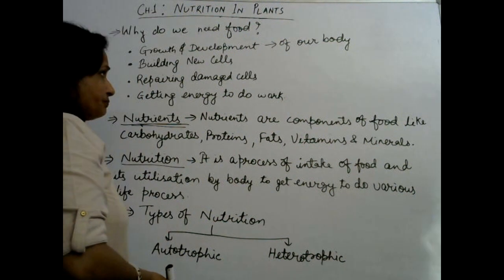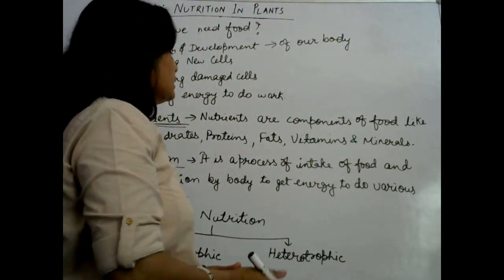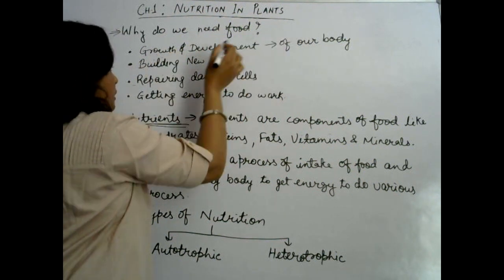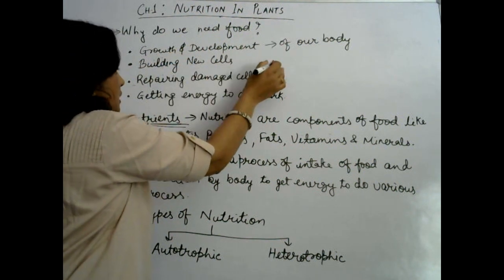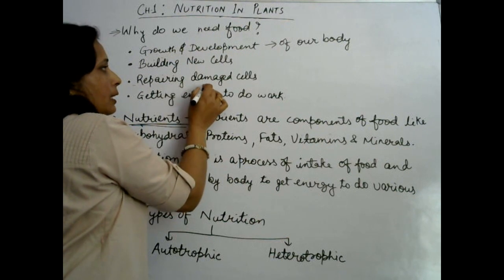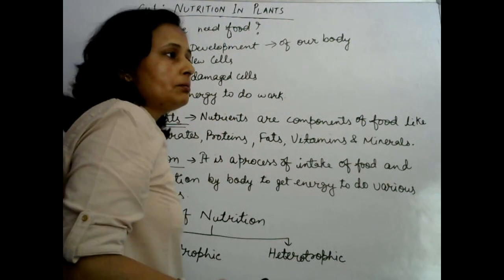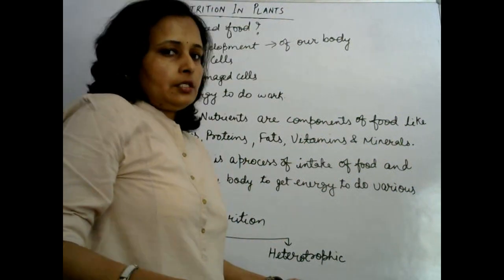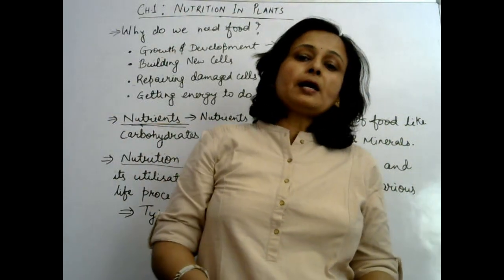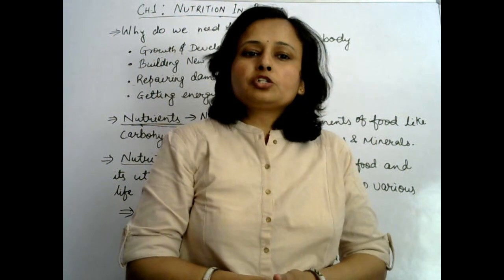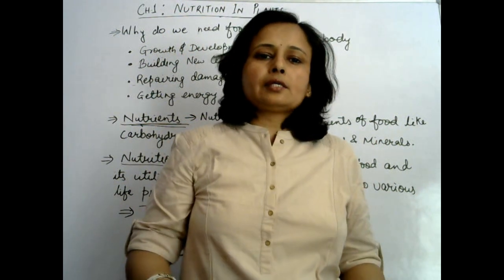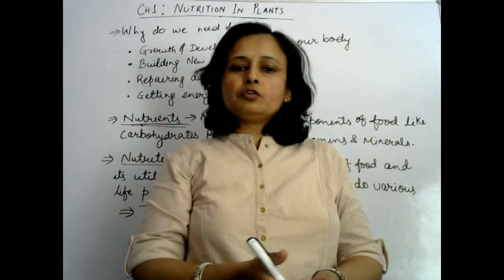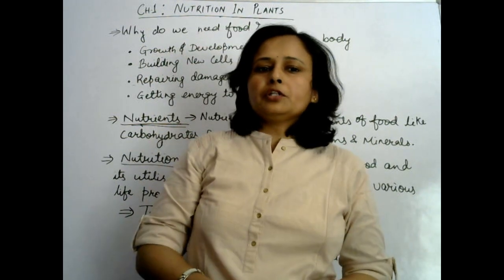Next is for repairing damaged cells. Third one. First, we discussed growth and development of our body. Second, building new cells. Third, repairing damaged cells. Our body works like a machine. When a machine works, there are different parts of a machine. These parts sometimes get exhausted and damaged, and during that time they need some kind of repair work.